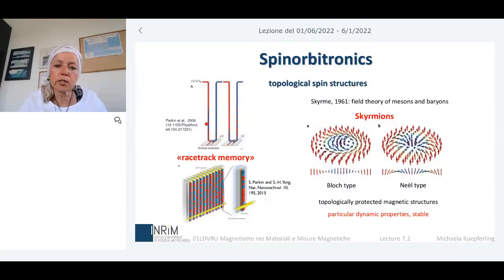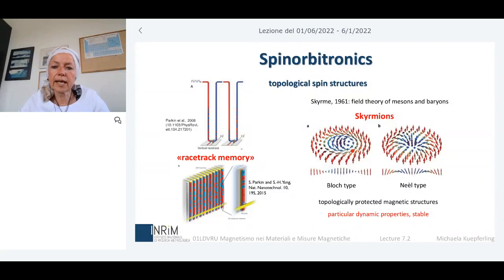So in order to do this, you would need a wire with several domains that are moving on and domain walls that are passing by. And another way to do this, not with domain walls, could be to do this with the so-called skyrmions. Why skyrmions? Because skyrmions are so-called topologically protected spin structures due to the fact that we have spin-orbit coupling and we have symmetry breaking in the structure.